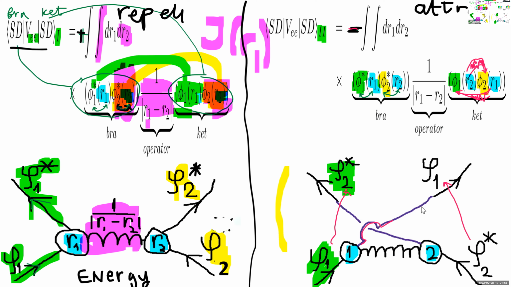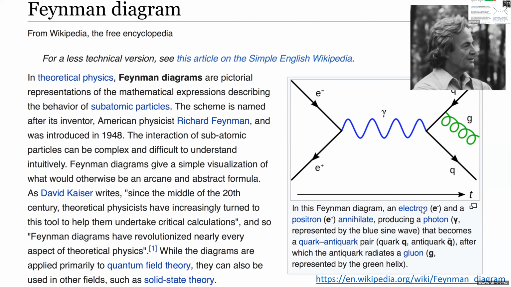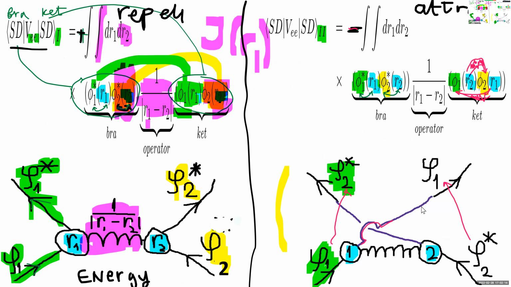In his protocol, straight lines with arrows mean either electron or hole or positron, and wavy lines mean photon or phonon. So if we want to convert our Coulomb and exchange onto the language of Feynman diagrams, is it possible to convert our Coulomb and exchange onto the language of Feynman diagrams?